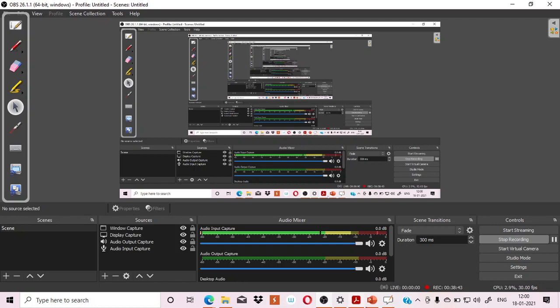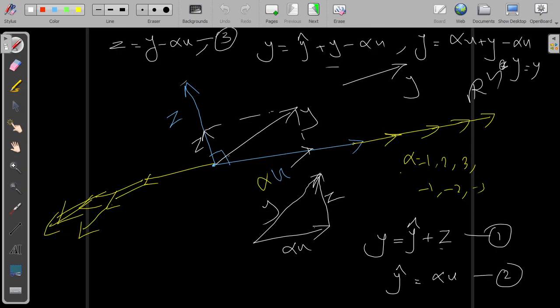So our conclusion is that you can let y be any vector belonging to Rn, where n is 1, 2, 3, 4, 5, 6, and so on. Then this y can be expressed as the sum of two other vectors, which are again in Rn.